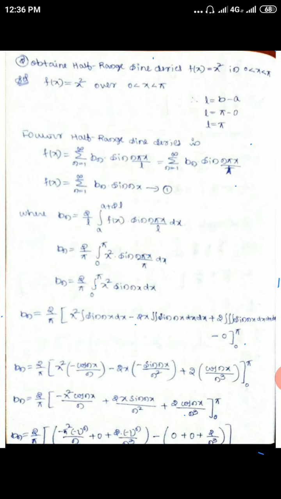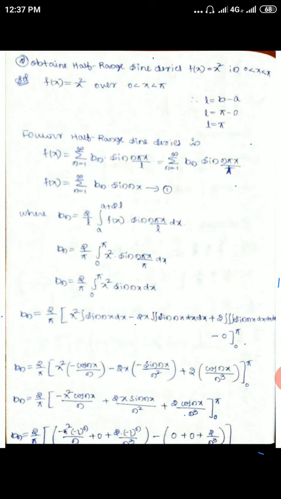Therefore, first thing is that we will calculate the length of the interval, that is L equal to b minus a. b is pi minus 0. So L is pi. Fourier half range sine series is f of x equal to summation of Bn into sine n pi x divided by L, n ranging from 1 to infinity.